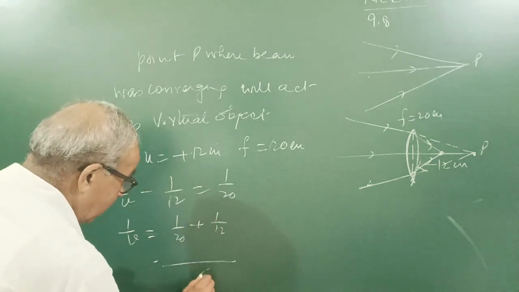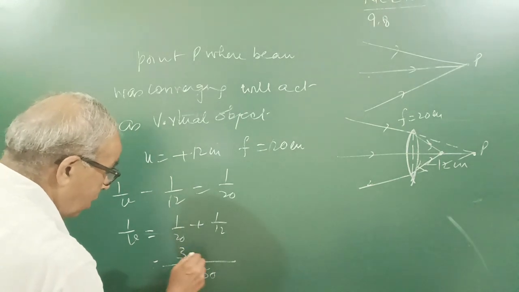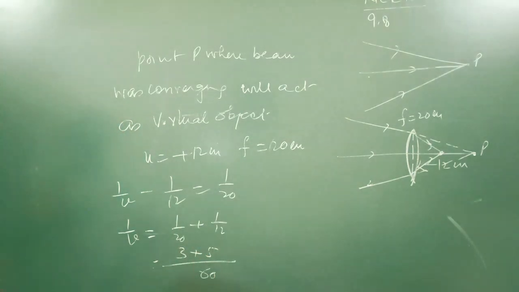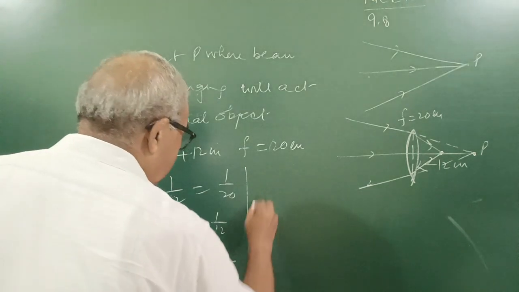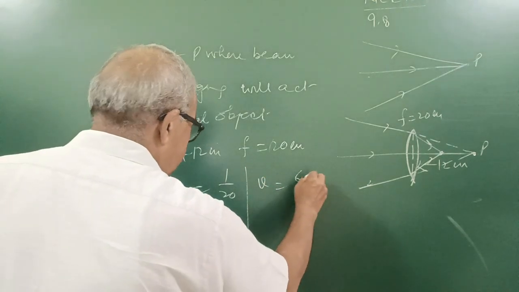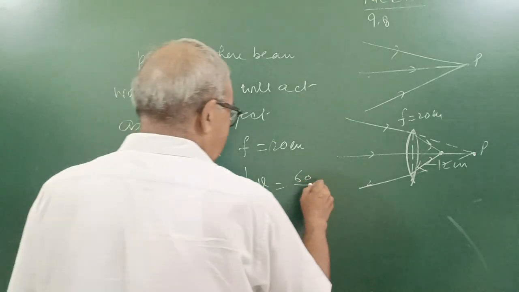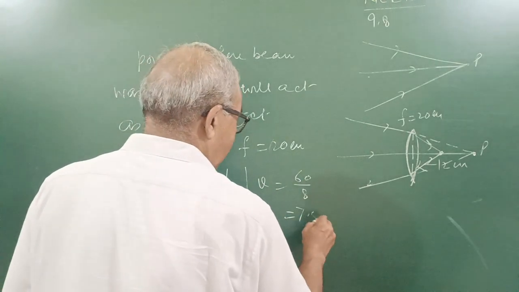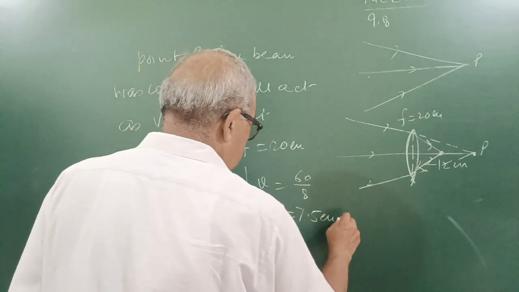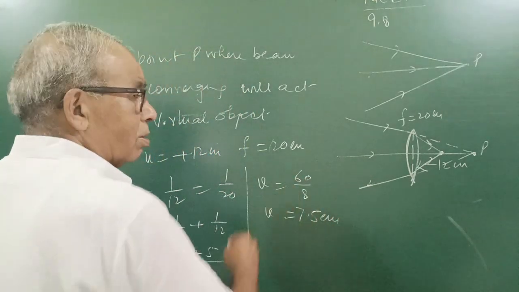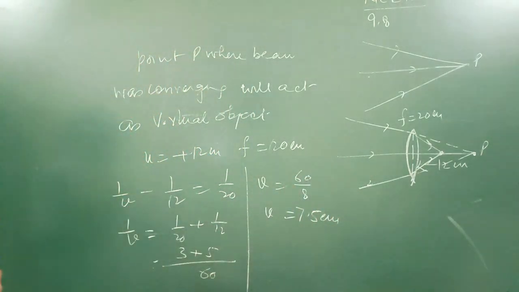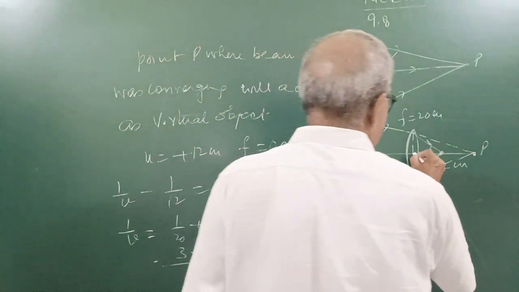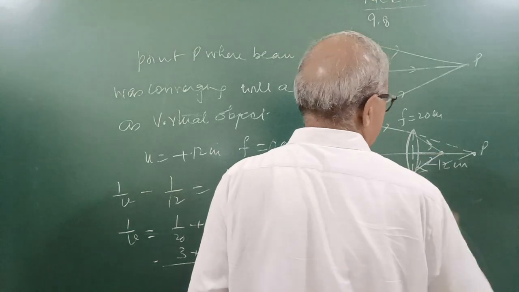LCM will be 60, 3 plus 5, so v comes out to be 60 upon 8. Don't try to minimize the fraction, divide simply. So this distance is 7.5 centimeter from here.